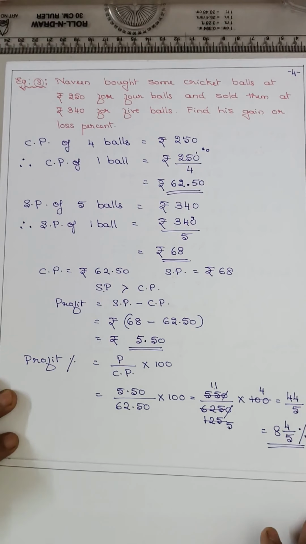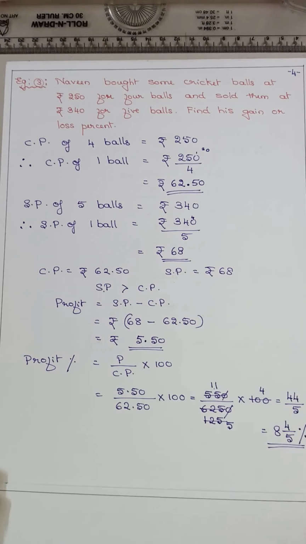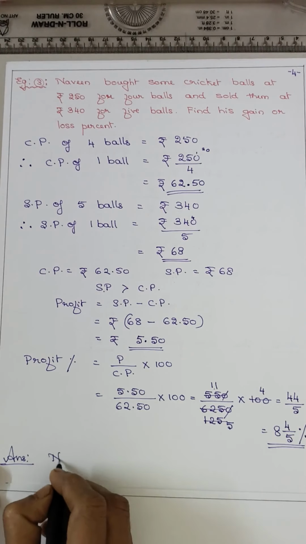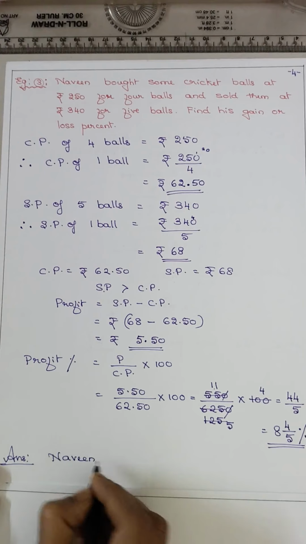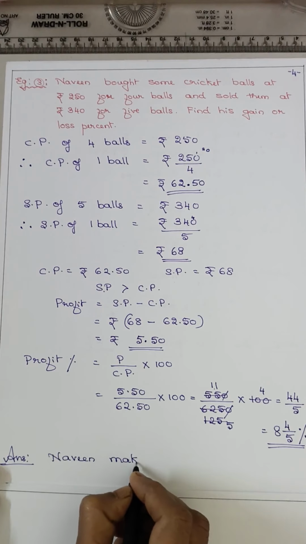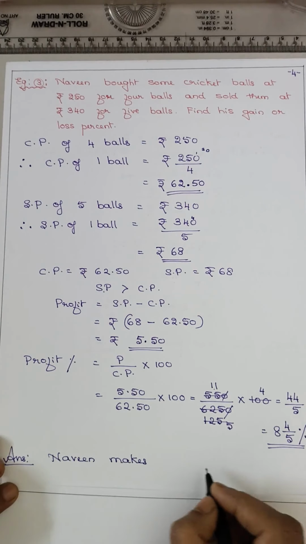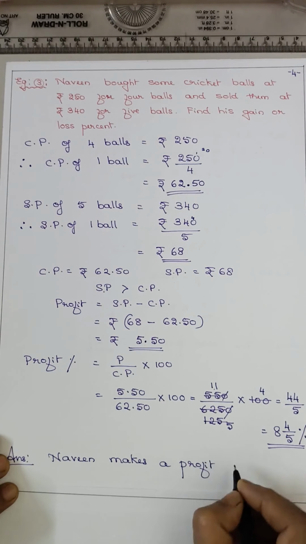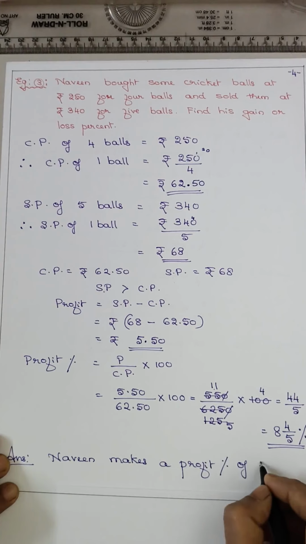So 8 4 by 5%. So answer: Naveen makes a profit percent of 8 4 by 5%.